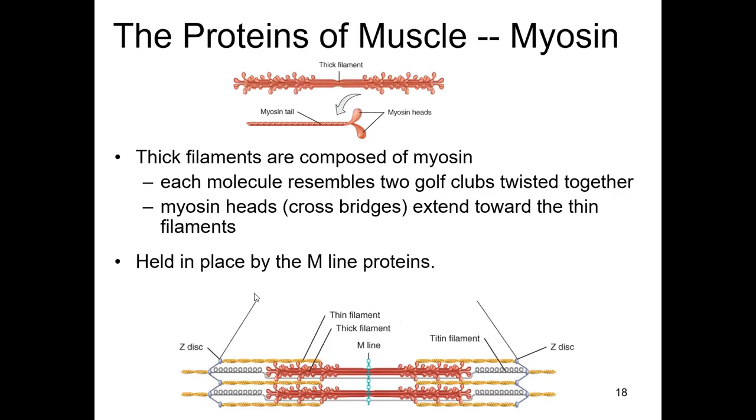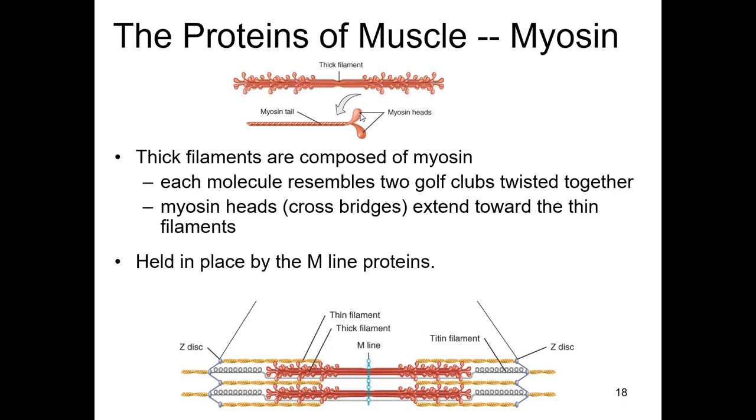So let's say a few words about myosin. When you look at the bottom, you see a sarcomere and a thick filament in there. And now at this magnification, you can see the individual myosin protein molecules. When you look up here, you see that one myosin protein has a long tail, and then it looks like a golf club at the other end.